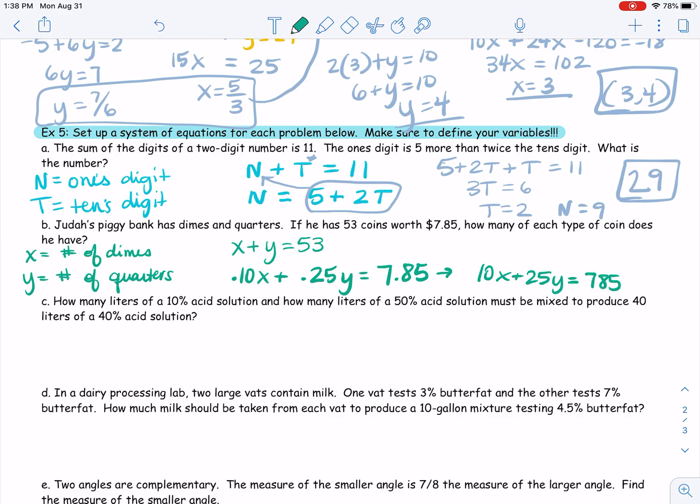So if I have that for my second equation, then to use elimination, I might multiply this by a negative 10. So I get negative 10x minus 10y equals a negative 530. And so then I can cancel this out and solve.